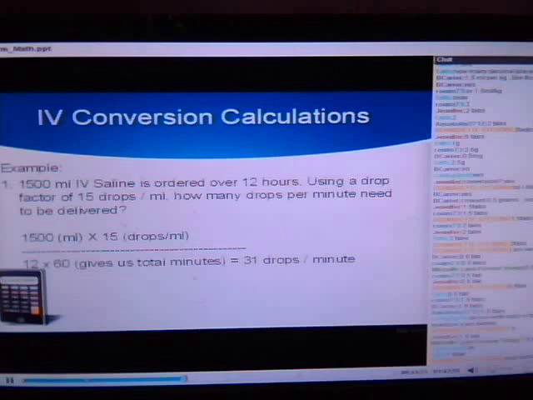Make sure you take that 12 and times it by 60 because they want it over a 12-hour period. So make sure we do that first. All right guys, what is the answer we come up with?